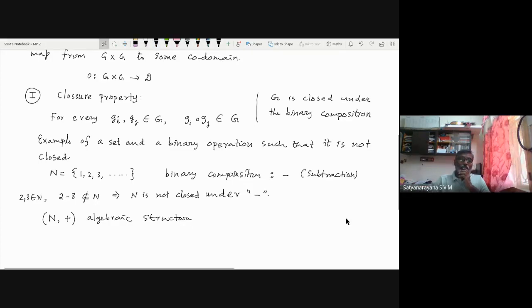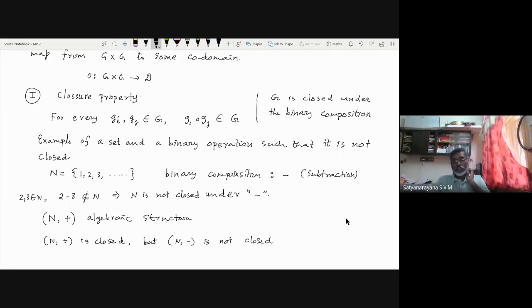Correct? So N plus is closed, but N minus is not closed. N minus is not closed.